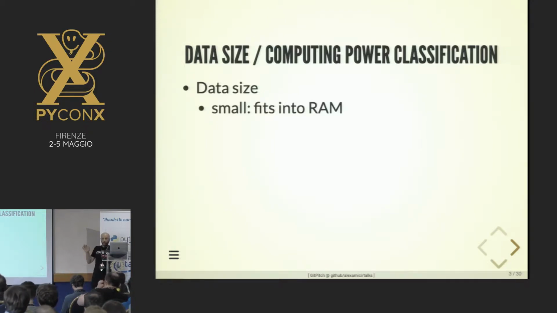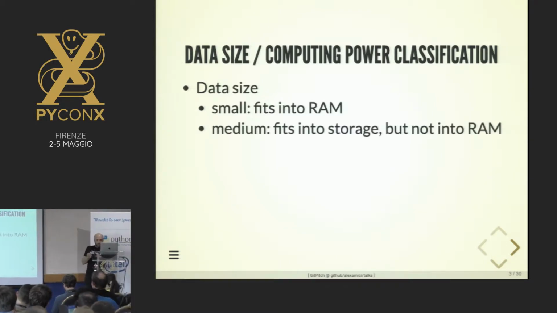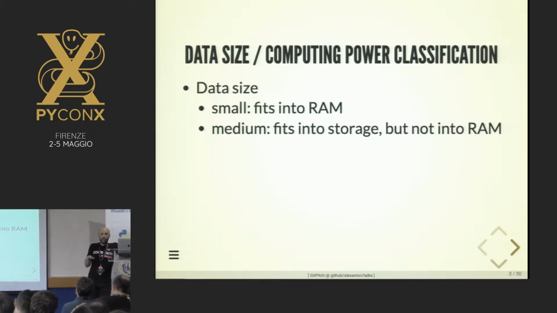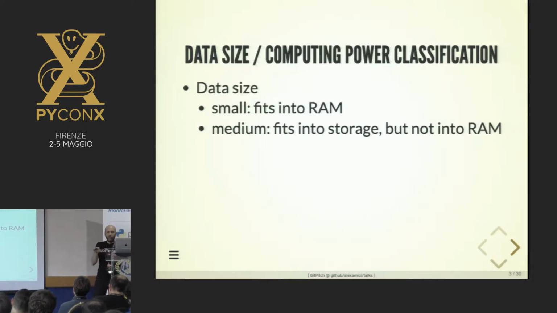The way I think of it and the way I will use in this talk is that small data is something that fits in RAM. It's easy. You don't need to do much thought because you use the standard things. Medium-sized data is where things start to be interesting because it fits usually in your storage, so you have the data in your machine, but it doesn't fit everything into RAM, especially during computation time.